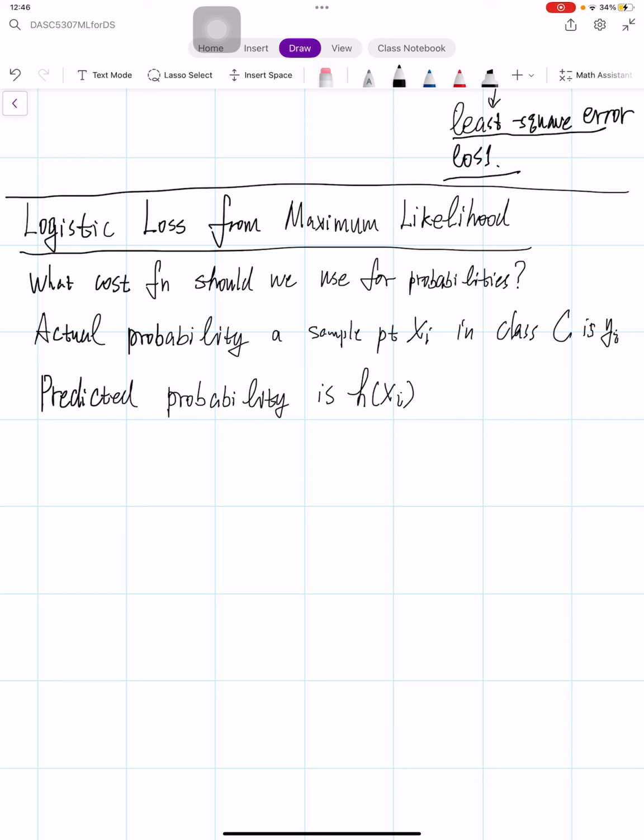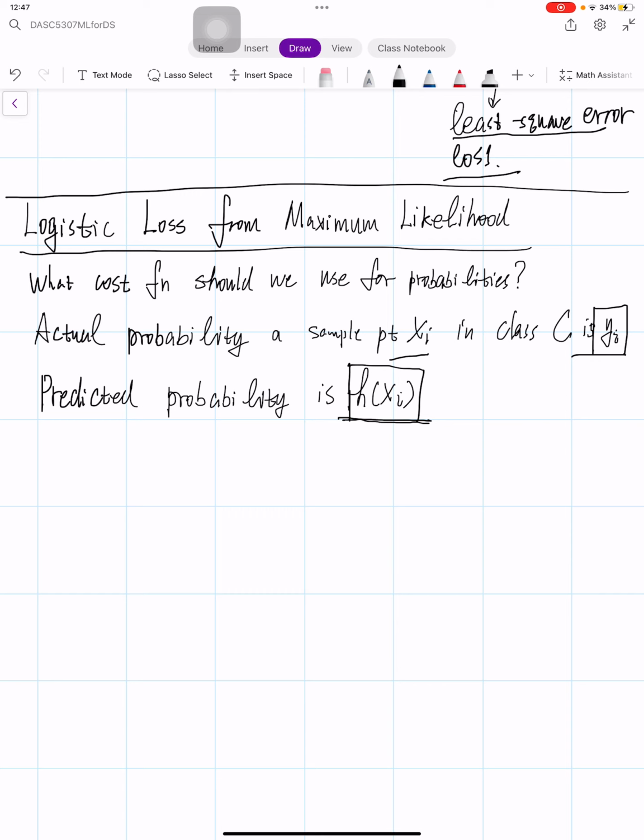Okay, so how do we derive the likelihood function based on xi? Actually, that's related to the binomial distribution, right? So if you assume the true probability is yi and the predicted probability is h(xi), how do we quantify this probability?